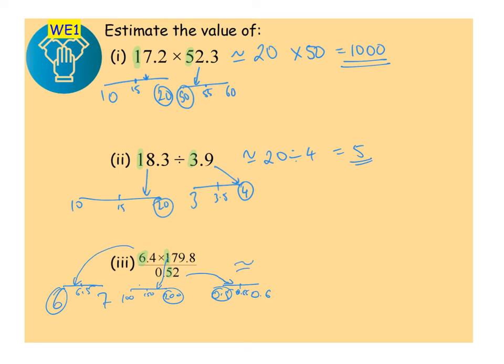So this is approximately 6 multiplied by 200 divided by 0.5. 6 multiplied by 200 is 1,200. And like we did earlier, we can multiply this by 10/10 to get rid of the decimals. And 12,000 divided by 5 is 2,400. So my estimate is 2,400.